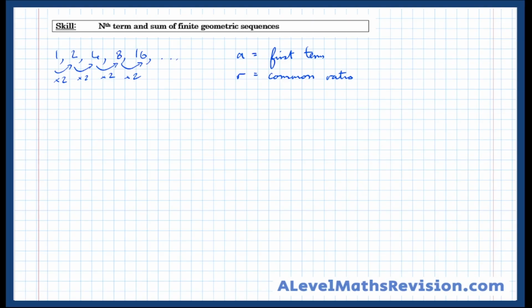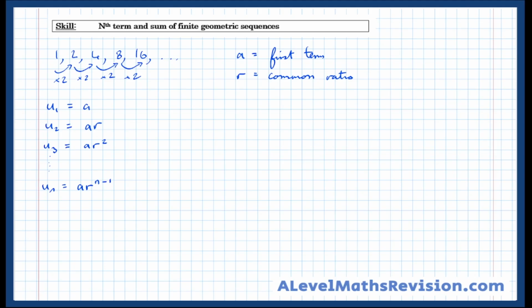And just like before, u with a subscript means term of a sequence. So in this case, u1, the first term of a geometric sequence, is always a. u2 is a multiplied by the common ratio. u3 is ar squared, all the way down to un, which is ar to the power of n minus 1.